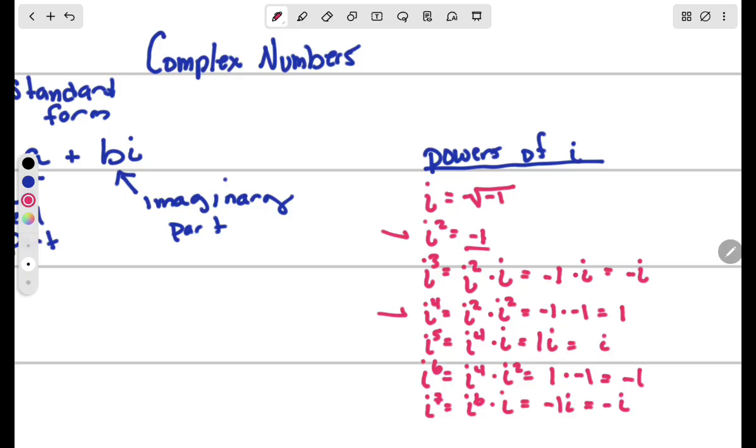So you should be able to see a pattern in this. If you look at 2, 4, 6, what do you recognize?